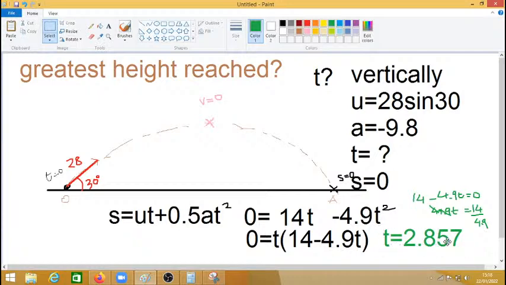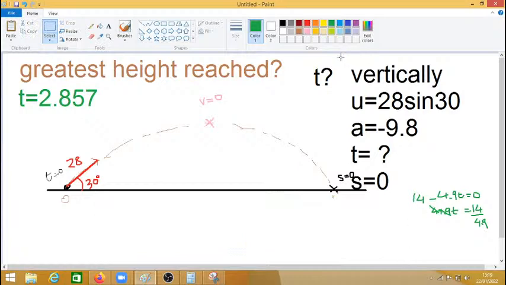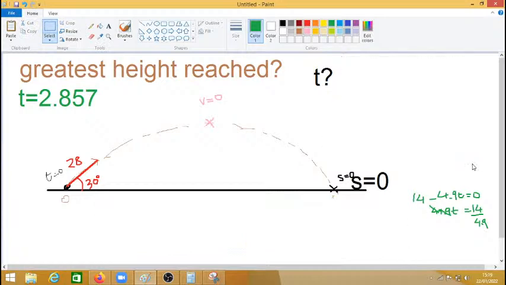So we've worked out the greatest height, we've worked out the time taken, and now the next thing is to work out the distance from the beginning where it's fired into the air to the end where it hits back the ground. So that means we do have to look at it horizontally. Let's look at it horizontally and see what we know and what we don't know.